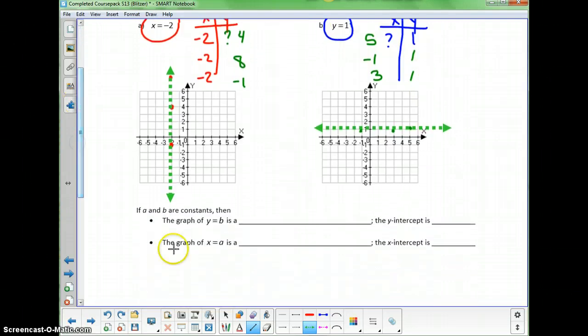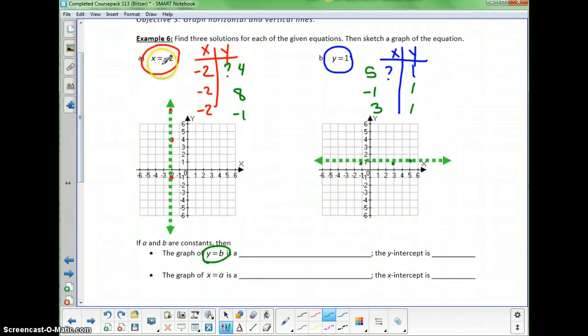Okay. So our summary right here says that if a and b are constants, the graph of y equals b is going to form a horizontal line. And a horizontal line is going to have a y-intercept, and the y-intercept will be the only possible y value, which is b.